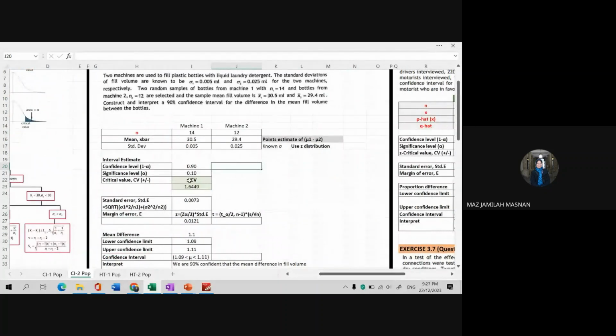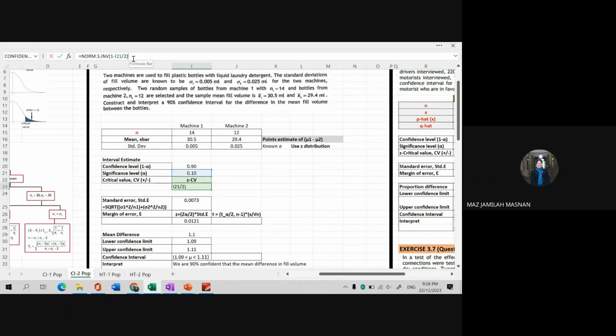Now, for the confidence interval, we first need the critical value. The given question is finding the 90% CI. So based on 90%, the significance level, or alpha value, is 0.1. To find the critical value, we have two sides, left and right.